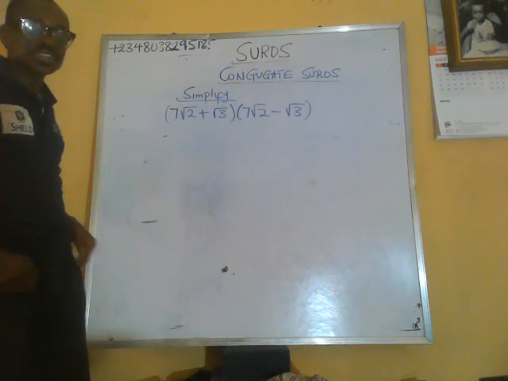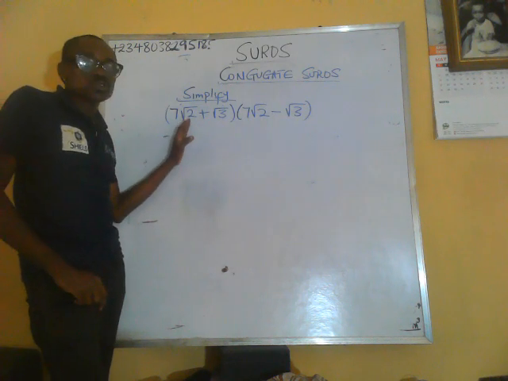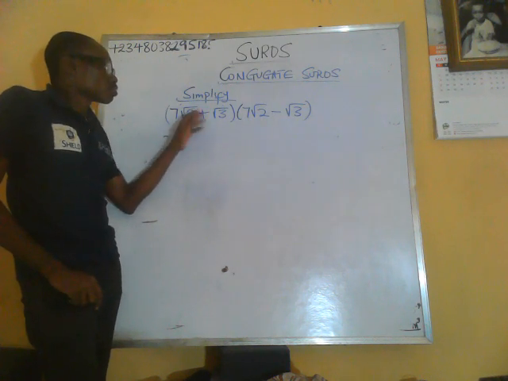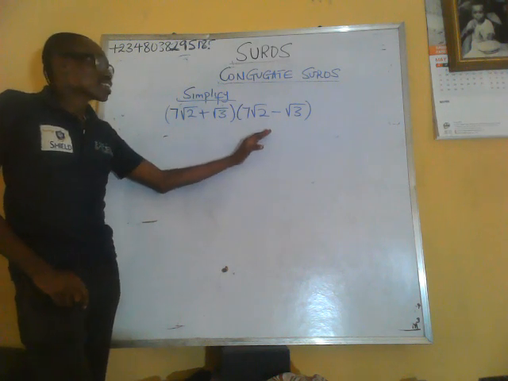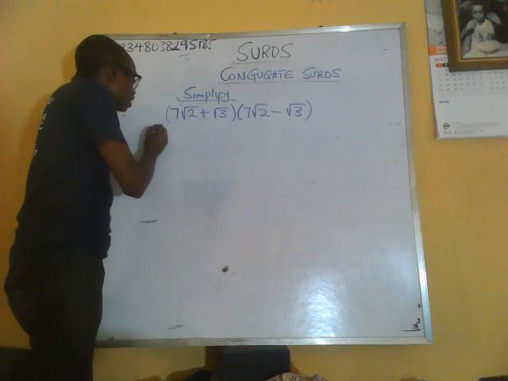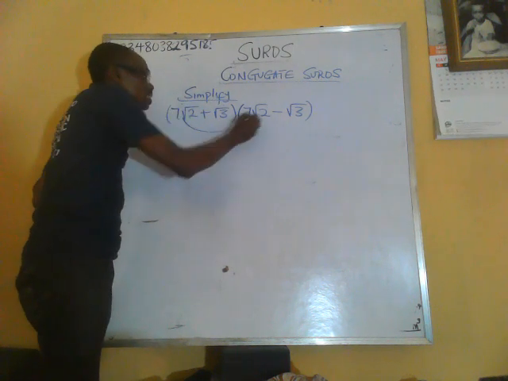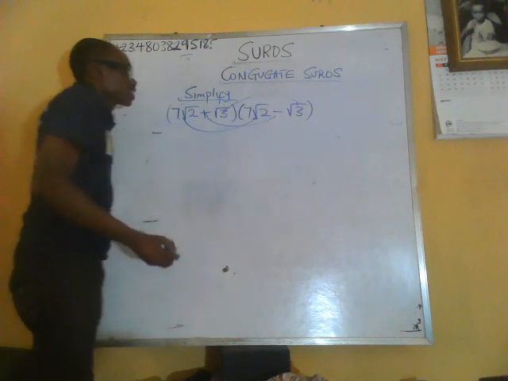So over here, we have 7 root 2 plus root 3 multiplied by its conjugate. So 7 root 2 is going to multiply 7 root 2, plus times minus, then root 3 times root 3.